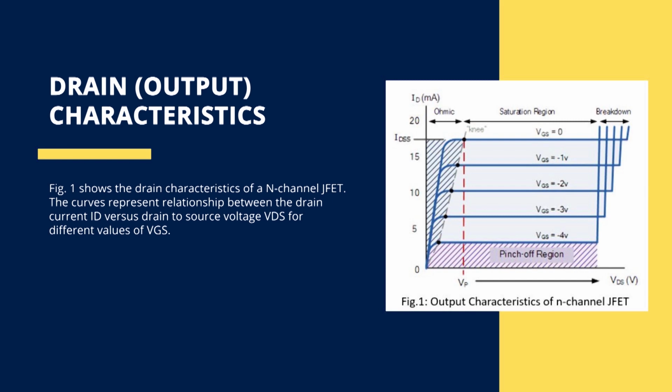The y axis contains ID and the x axis contains VDS, that is drain voltage. The characteristics are divided into three sections: first is the cutoff region, then the ohmic region, followed by the saturation region.